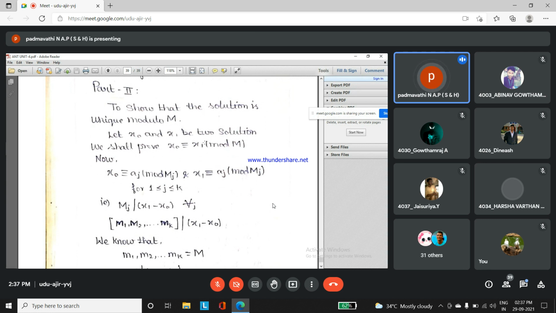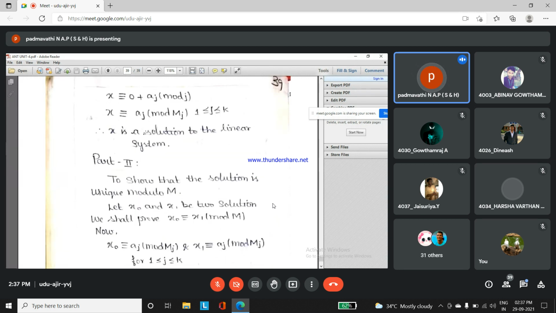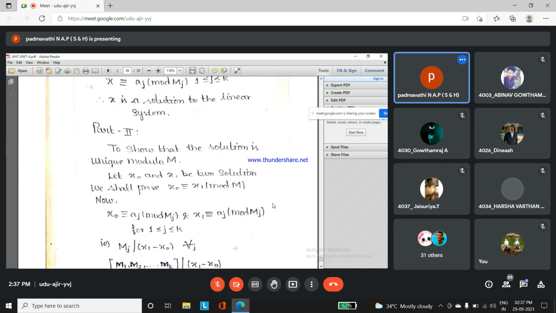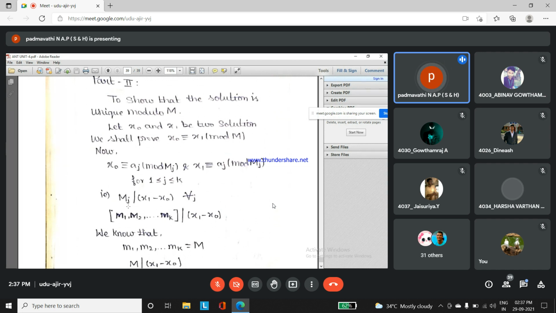Now we have to prove x0 is congruent to x1. Now here we know that in the previous part 1, x is a solution to the linear system, that is x is congruent to aj mod mj. So here consider x0 is congruent to aj mod mj and x1 is congruent to aj mod mj, that is mj is divisor of x1 minus x0 for all j.